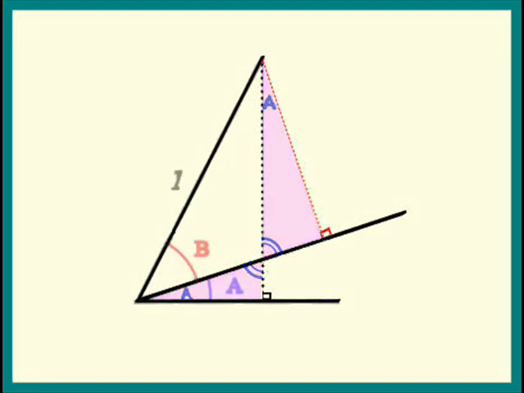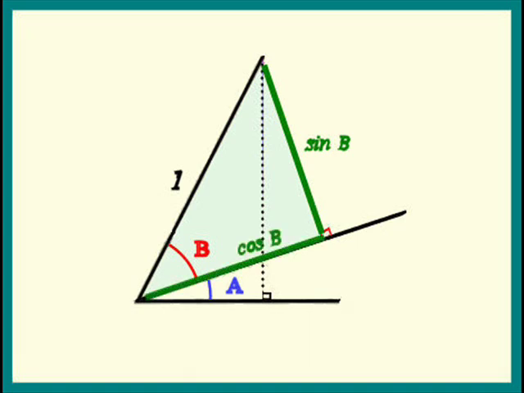Back to the original picture. That green triangle has hypotenuse 1. Perfect. That means the opposite side of B is sine B, and the adjacent side of B is cosine B. Wow, that's a lot of information.